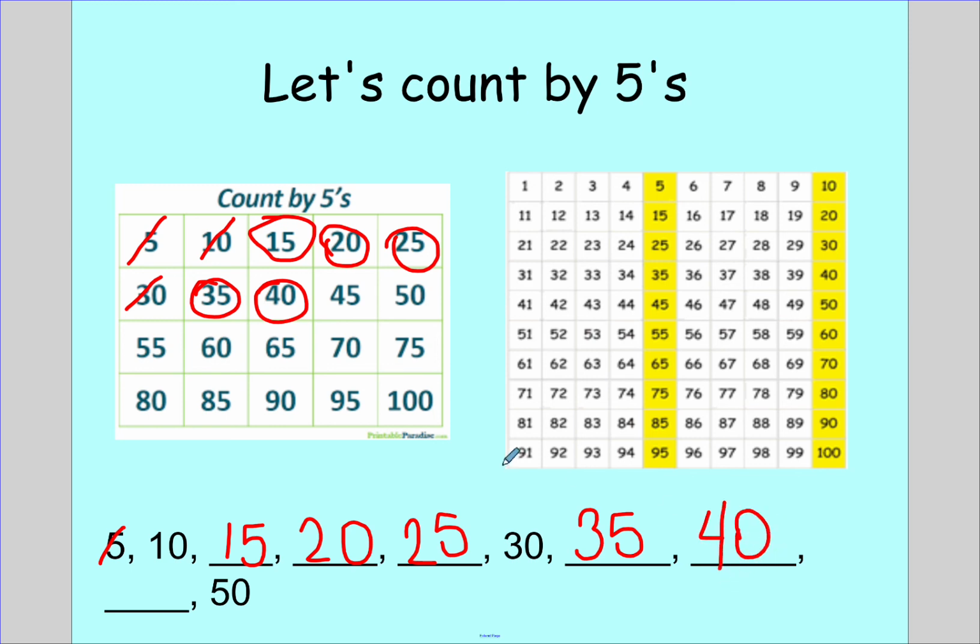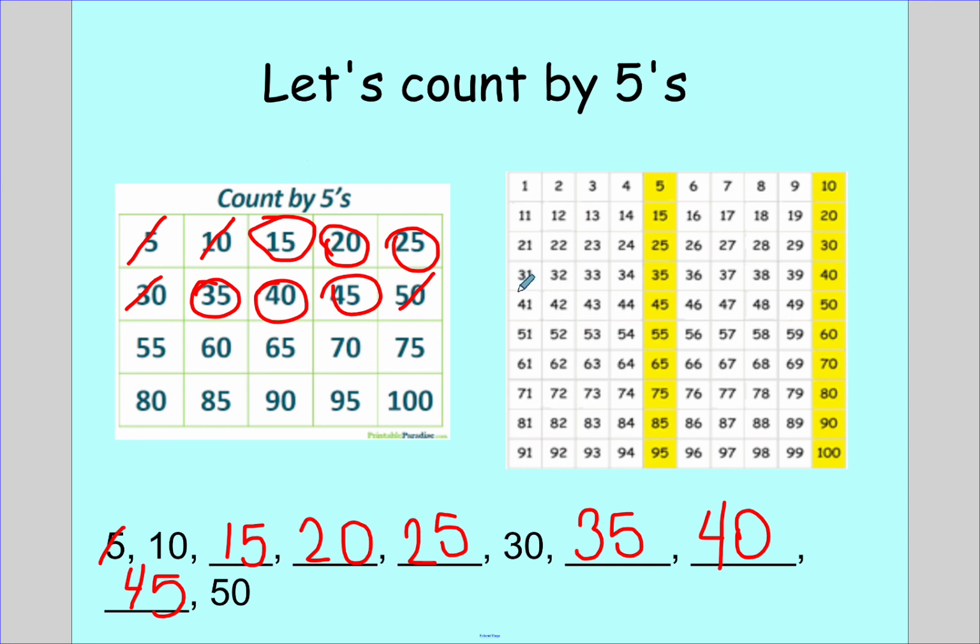We're also missing the number after 40, and that is 45. And after 45 is 50. And we're going to check our math. 5, 10, 15, 20, 25, 30, 35, 40, 45.